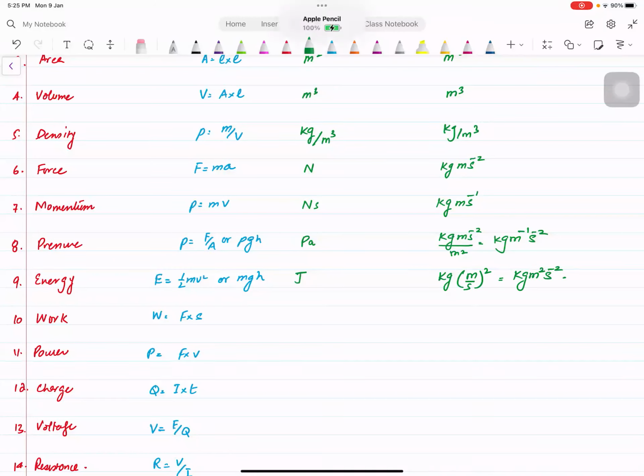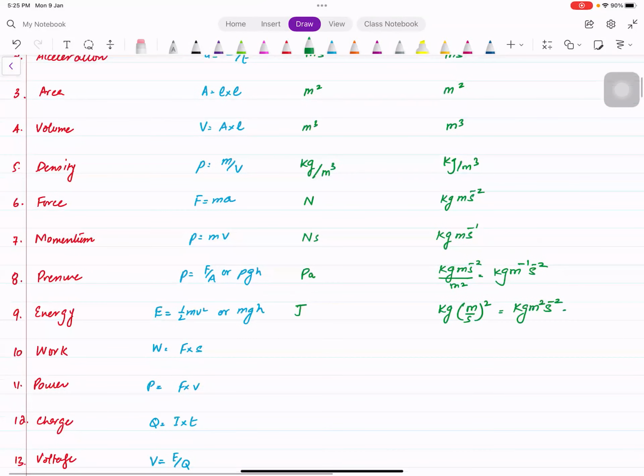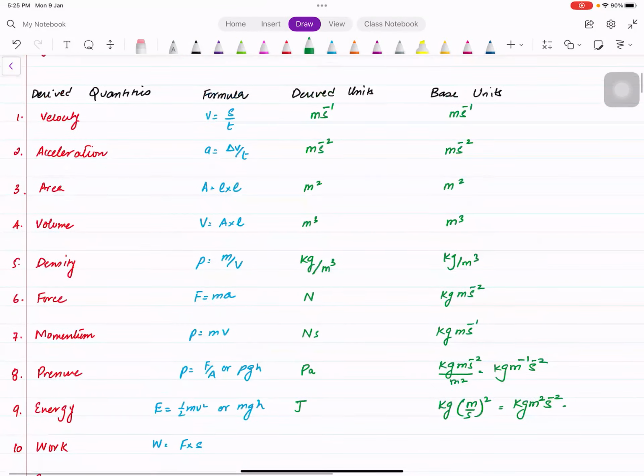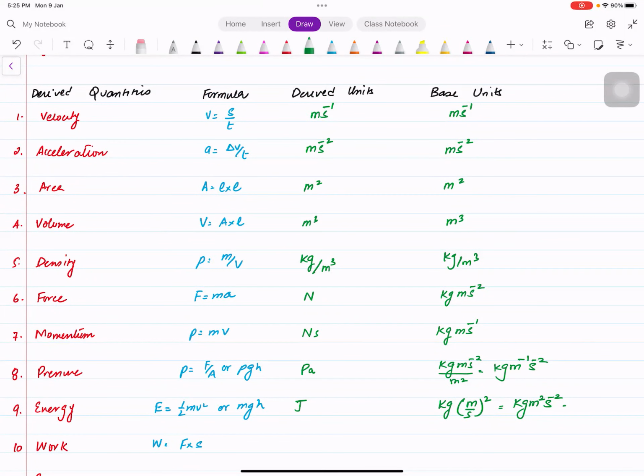Let me know if you have a question here. All right, you can please write this down and see if you can solve it on your own, and see if something is troubling you or not.